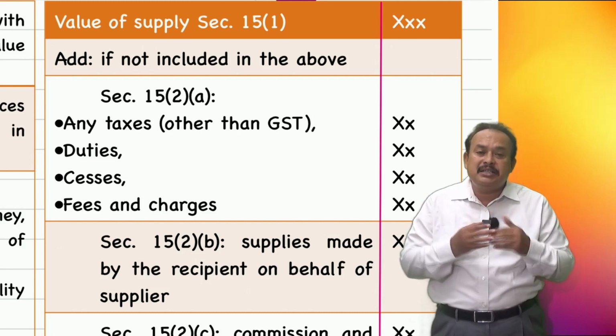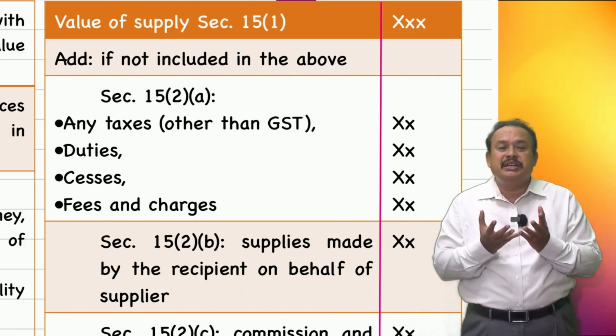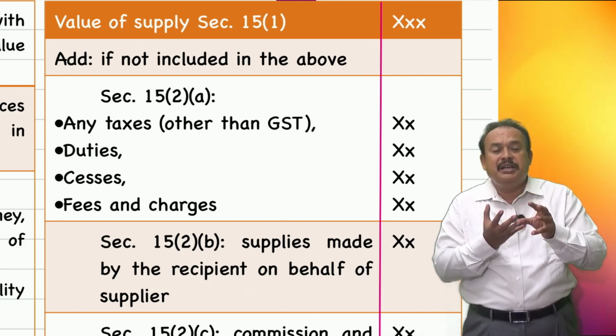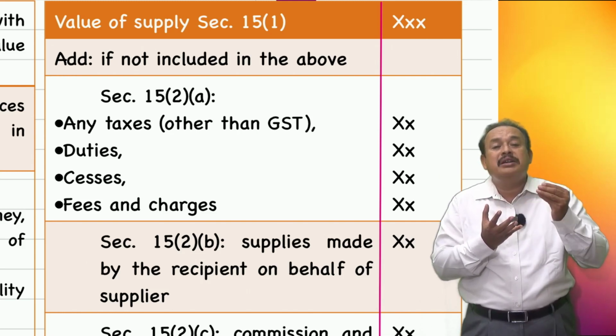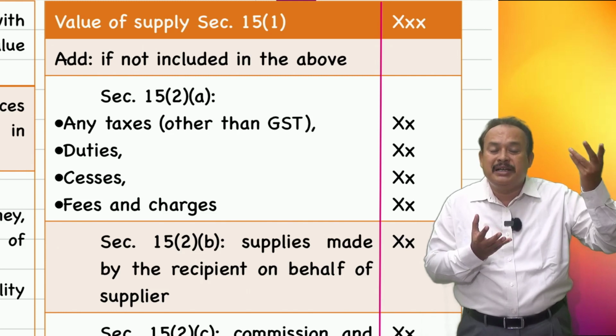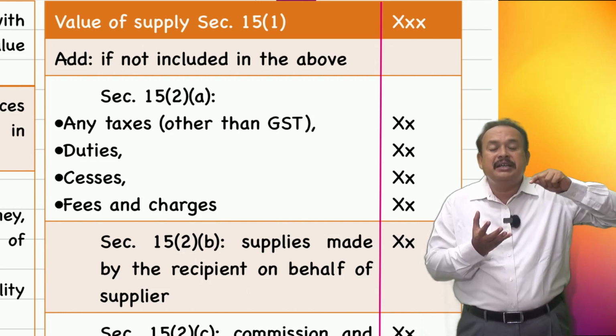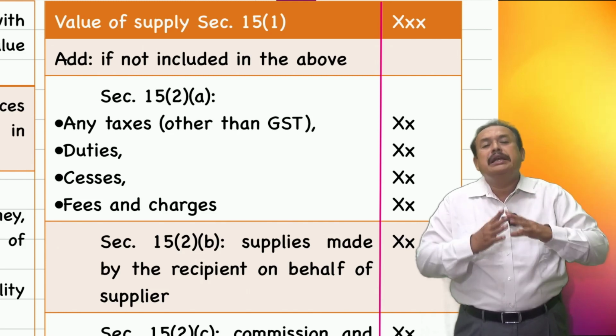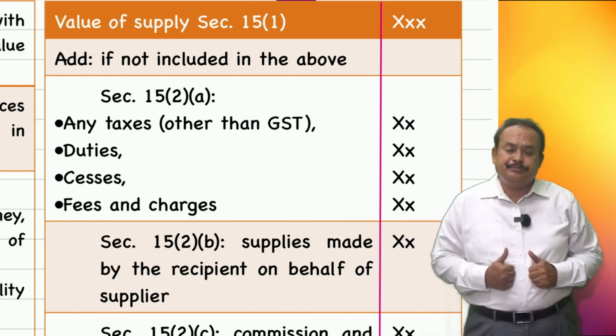If that is the case, then tomorrow when I sell the product, I have to apply GST on the entire value of supply, including that GST. I will bring one scenario to notice.